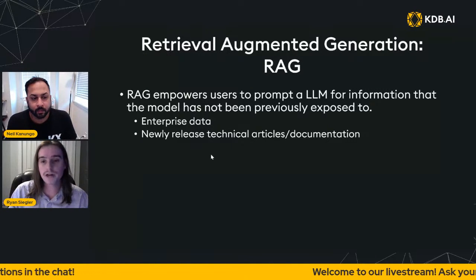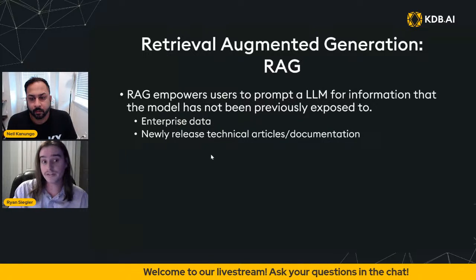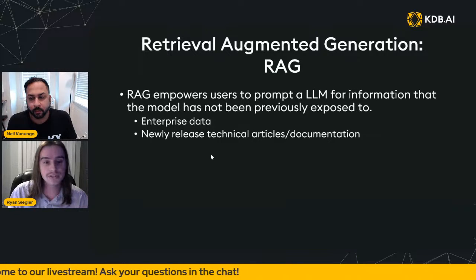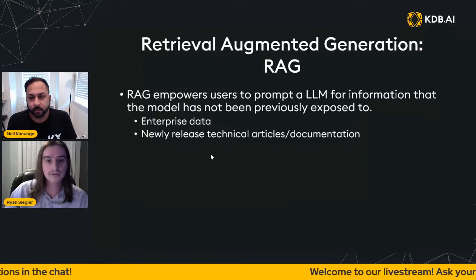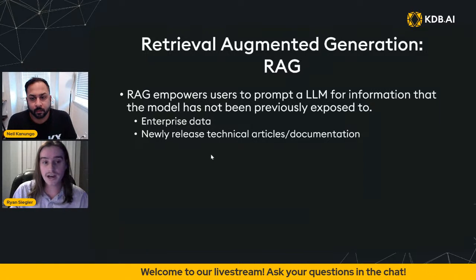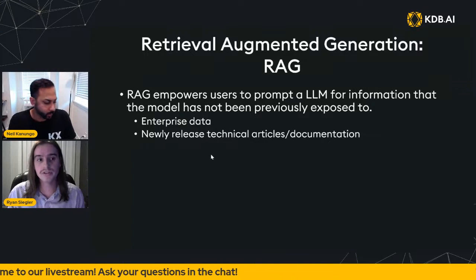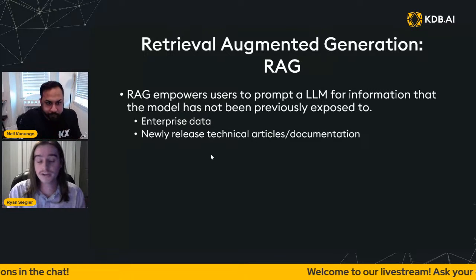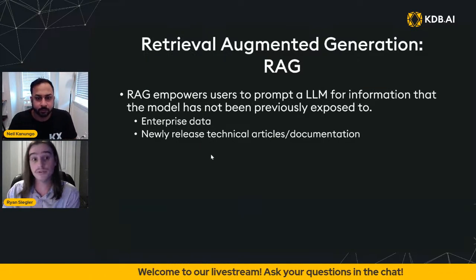Large language models have been trained on tons of data, but they haven't been trained on our internal enterprise data or anything that's been newly released, like new technical articles or documentation or even the news or the weather. So it's not going to be able to answer questions on this data that it hasn't seen. RAG is a method where we can introduce this data, retrieve the relevant data, and then pass that to the large language model for it to be able to answer questions on.